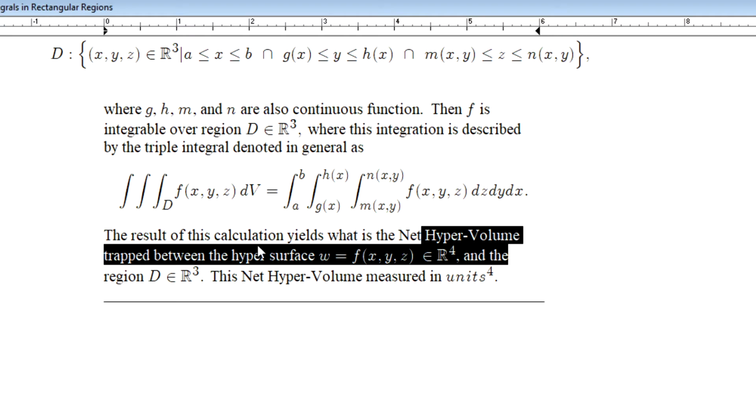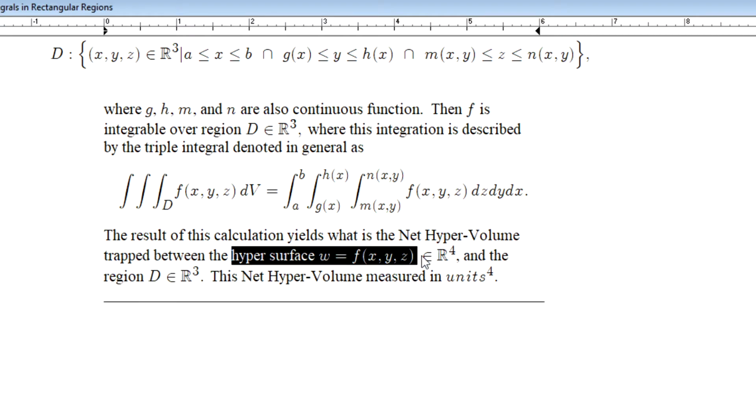The net hypervolume trapped between this hypersurface, that surface being that 4-dimensional surface, right, and region D, this 3-dimensional solid that exists here in 3-dimensional space. Between a 3-dimensional solid in 3-dimensional space and a hypersurface out there in 4 dimensions, there actually exists what we call a hypervolume of space, right?